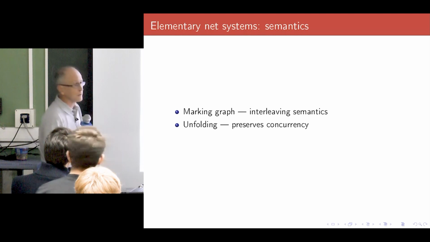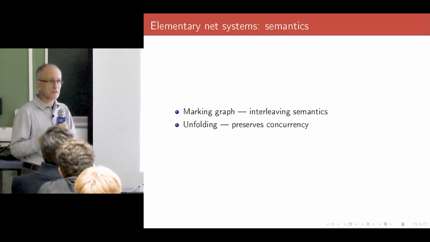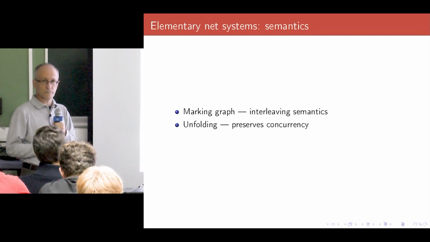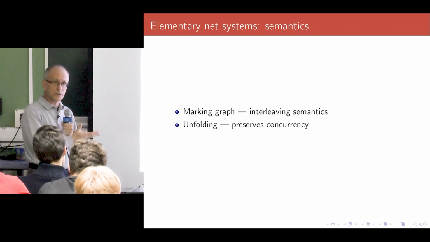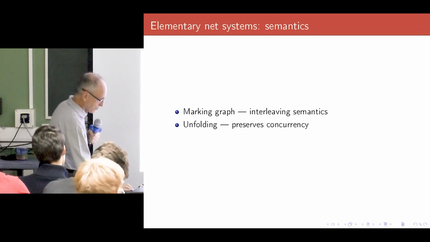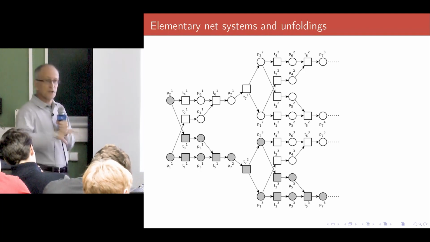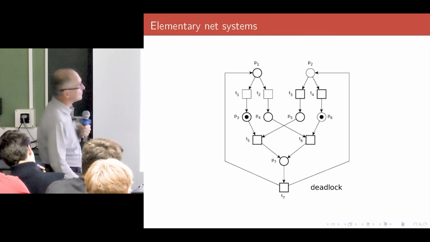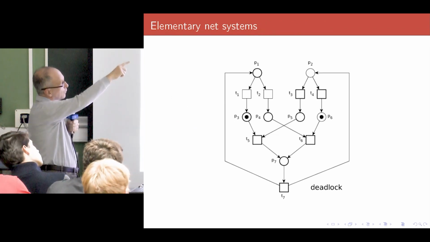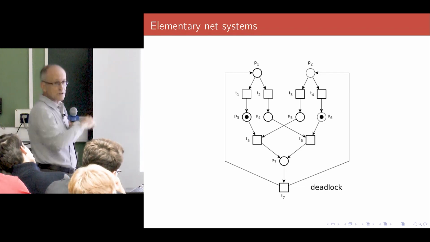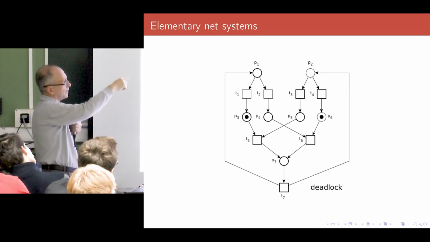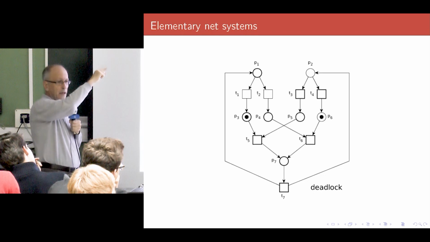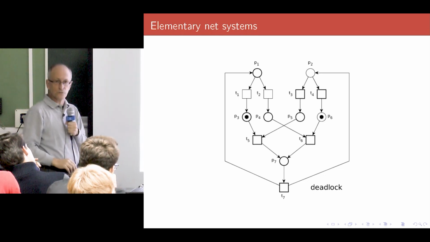So the unfolding of an elementary net system is another net made of local states and transitions. So it's an object which is similar to the starting one, but is potentially infinite. If you remember, in this net, if you follow the arrows, you see that there are some cycles at some point. This means that after a while, some condition which was true and became false can again become true.